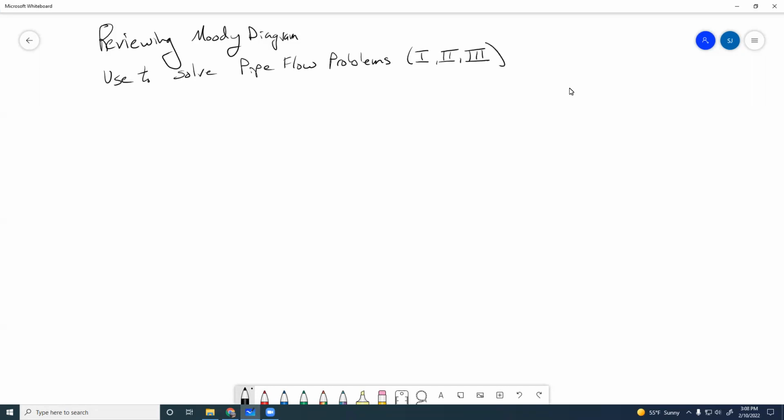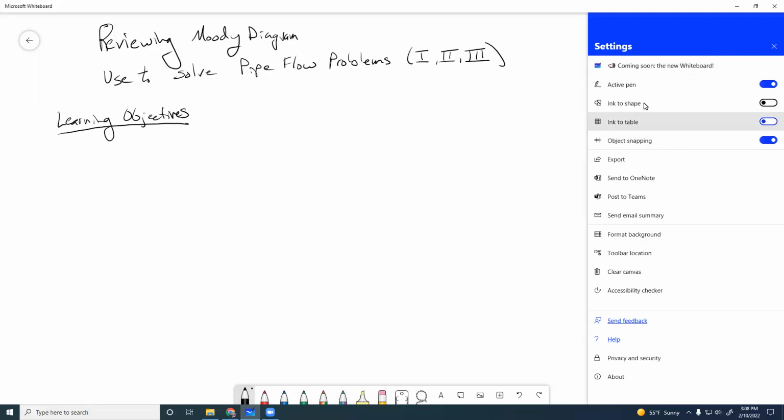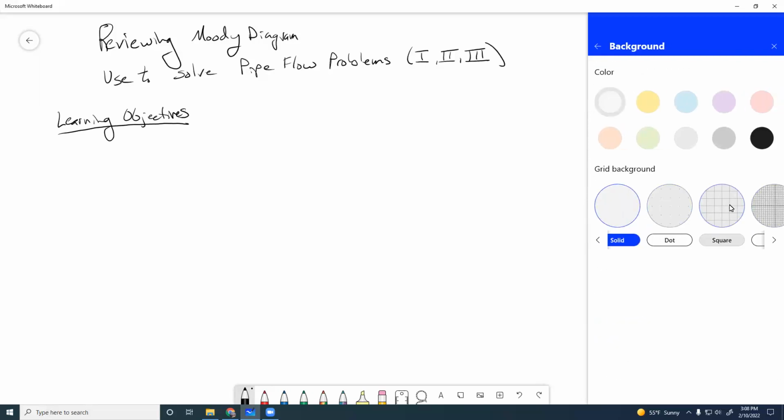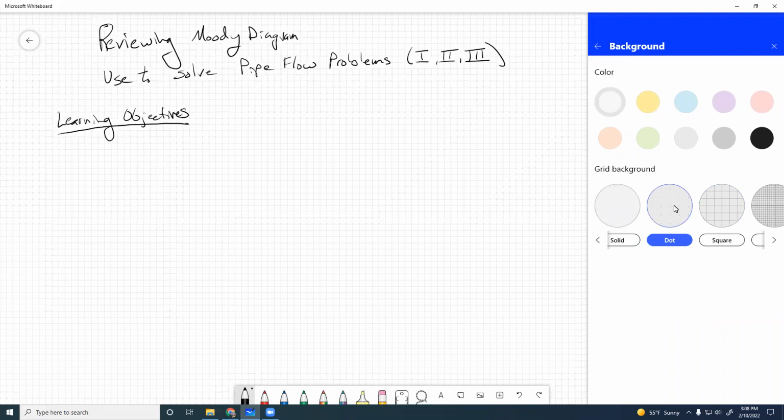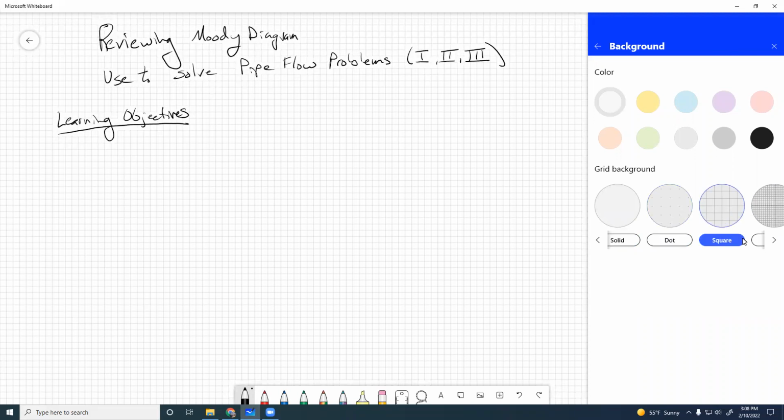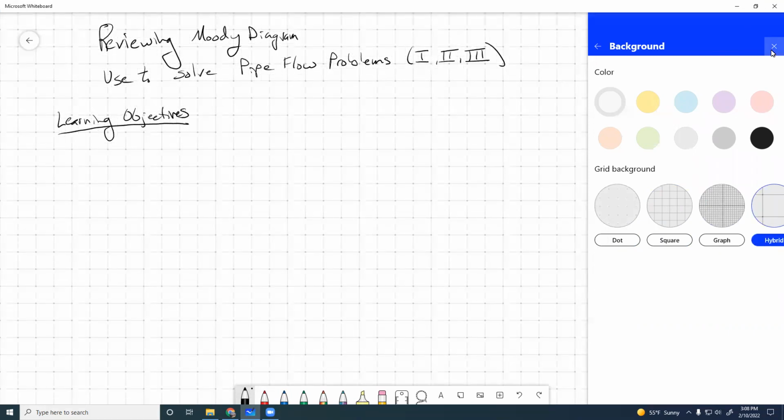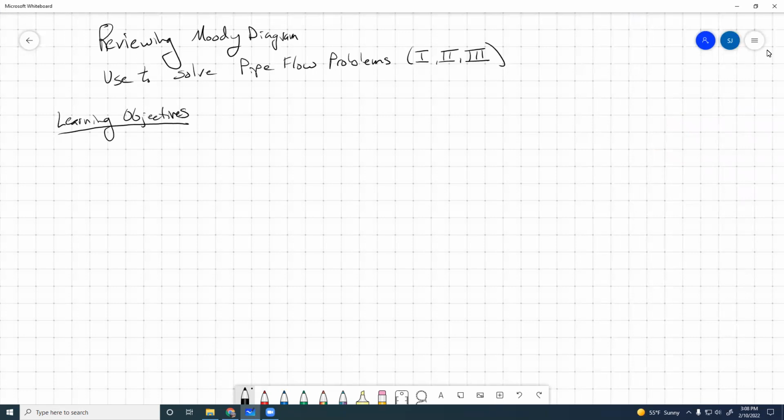Based on what we're asking for, what's the known, what's the unknown. And so our learning objectives today. See if I can get a little grid going on here. See if this helps.